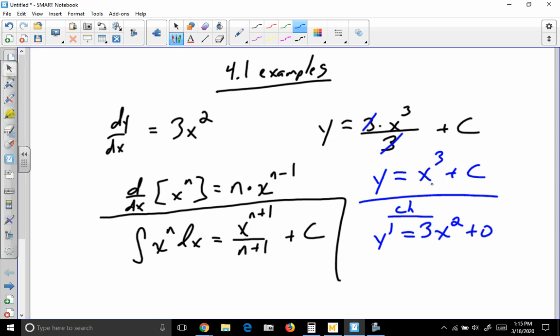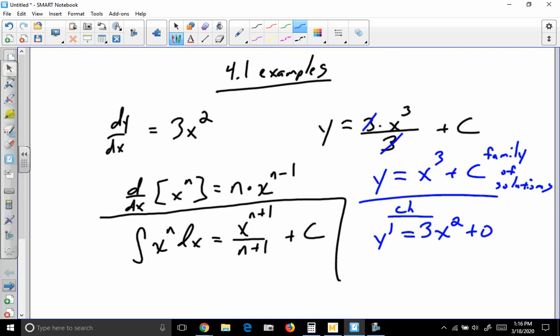We know the variable part, but we don't know the constant part. Eventually, we may be given some additional information so that we can find out what that constant is. But this is referred to as a family of solutions. They all have the variable part in common, but they have the vertical translation plus c as a difference.